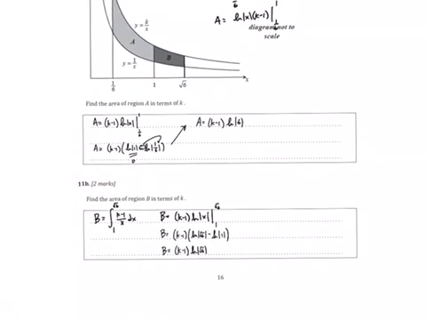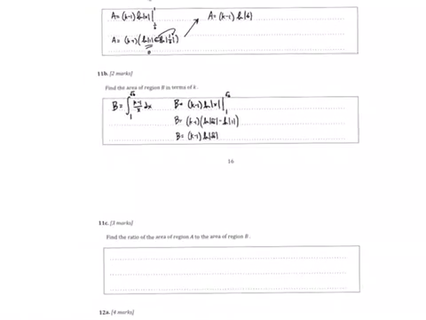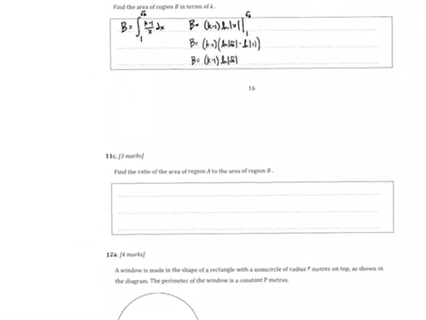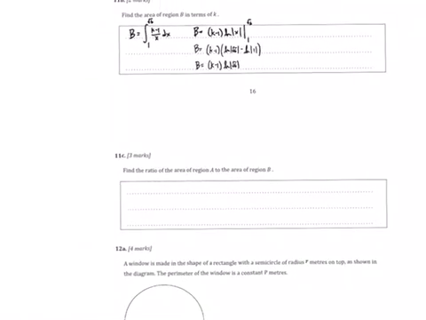Okay, let's see what they've got in store for us here in part C. Find the ratio of the area of region A to the area of region B. That means I want A to B. Another way you could write that is A to B with a colon.